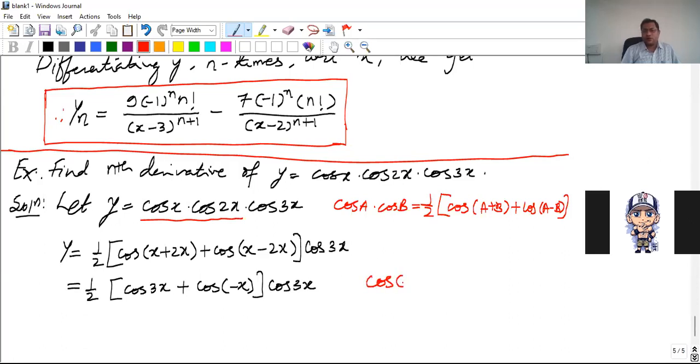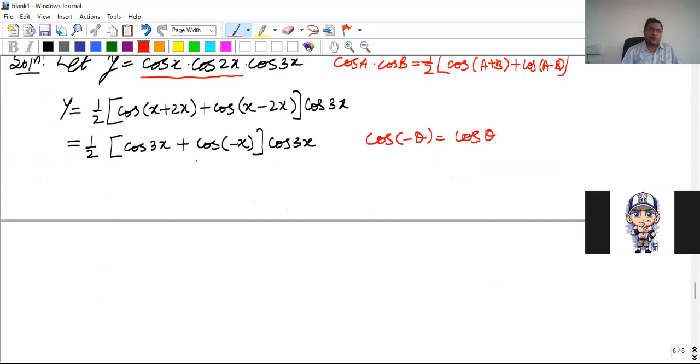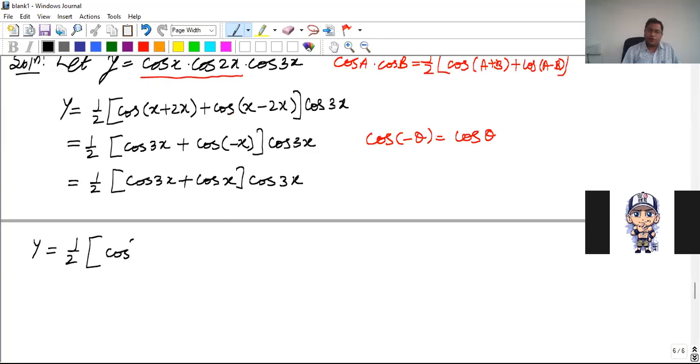But what we know is cos of minus theta is the same as cos theta. So this is equal to half of cos of 3x plus cos of x, and this is cos of 3x. So we can write y is equal to half of cos square 3x plus cos of 3x into cos x. Is that okay?